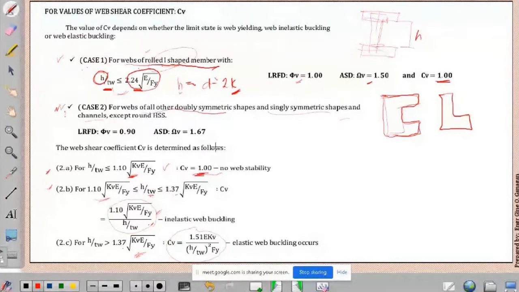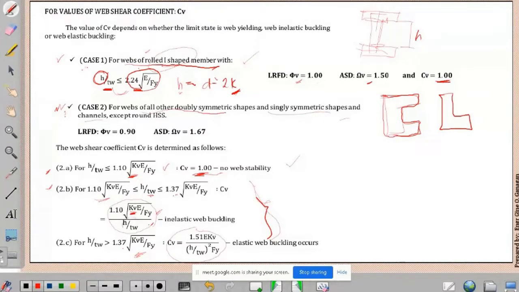So ang problema pag case 1 lang, madali lang siya, ang CV 1.0, or pag ito yung condition ninyo, CV is 1.0. Diretso ng CV 1.0. Pero paano pag ang condition naman ninyo, ito, dalawa yan, may new equation na naman tayo, may bago na naman tayong constant, a variable, which is yung ating Kv.